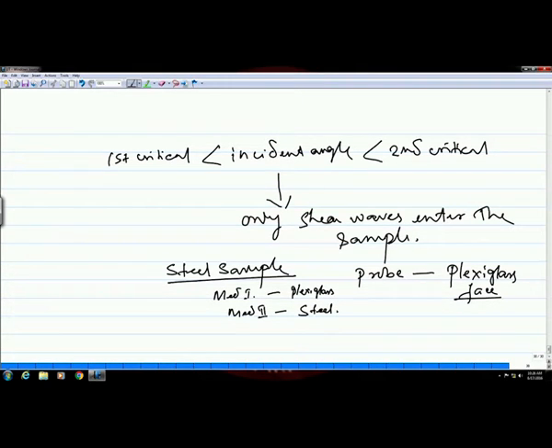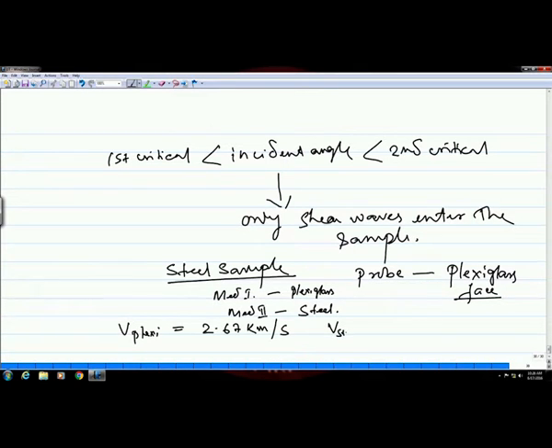Okay. Now, if you look at the velocity of sound wave, the longitudinal waves in steel and in plexiglass, the velocity in plexiglass is 2.67 kilometer per second.